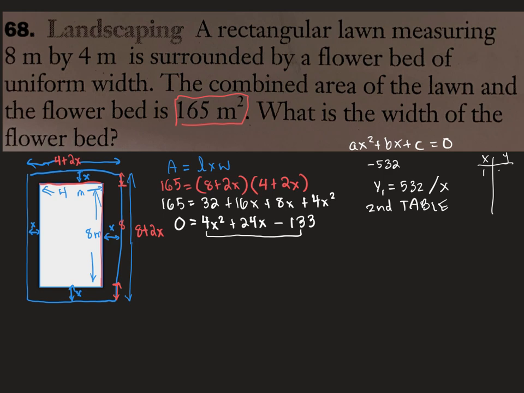If x is 1, you get 532 in that table, and then 2 and 266. 3 doesn't go in, you get a decimal. 4 and 133, etc. But we were looking for those two numbers, because it's a minus sign, they'll have opposite signs, and we have to have a difference of 24, that middle term.